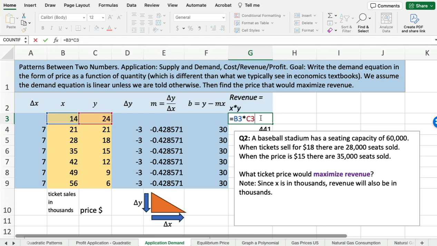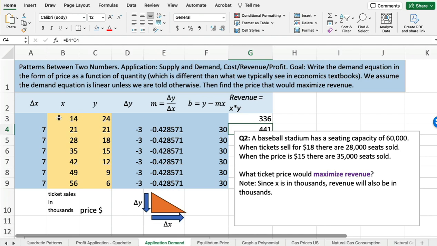That happened when the price was $24. So to find the revenue, we multiply 14 times 24, and whatever number we get is in thousands now. Basically 14,000 people in the stands all bought tickets at $24 apiece, so our revenue was $336,000.